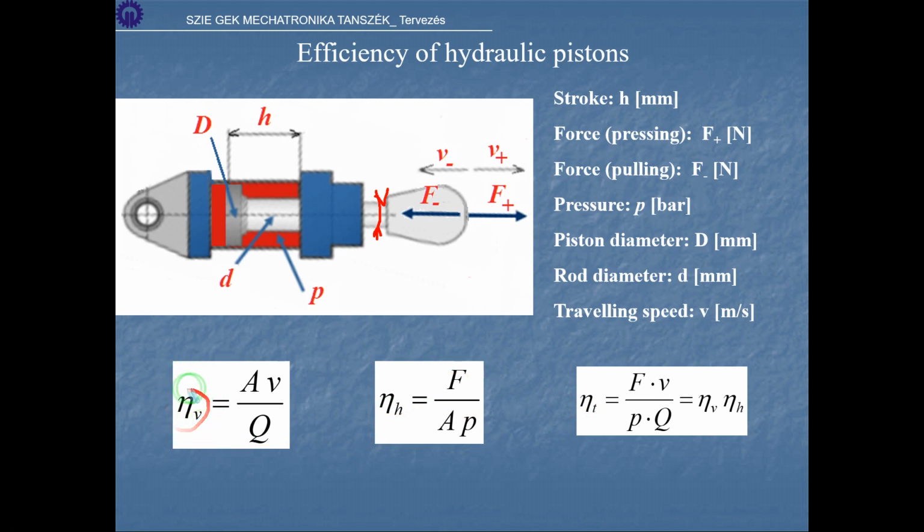We have the volumetric efficiency here. So let's get started. If I want to calculate the speed of the piston, how can I do it? I can do it with this equation, Q per A. Am I right?